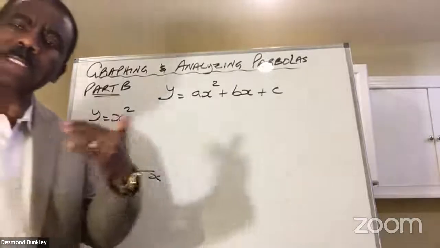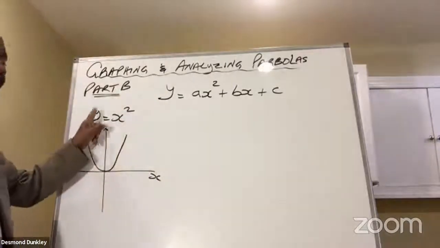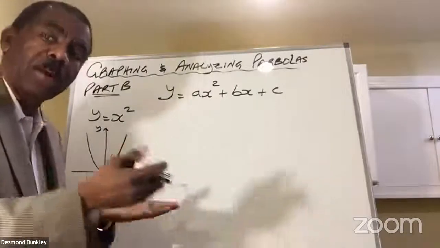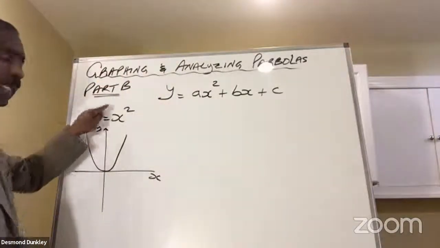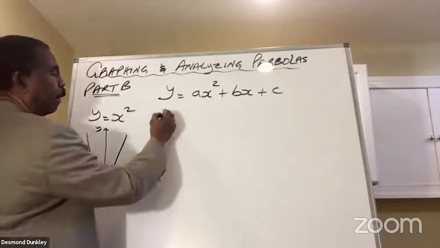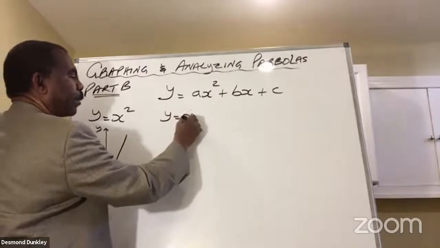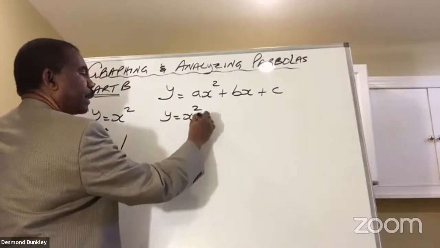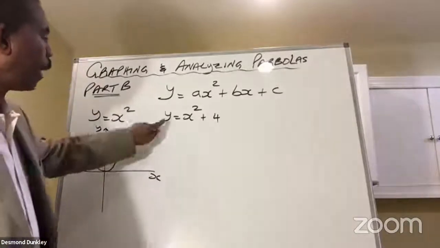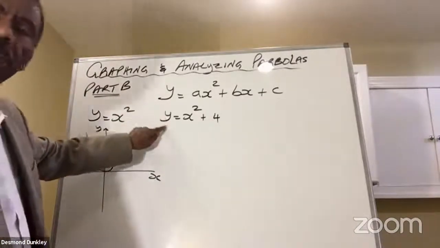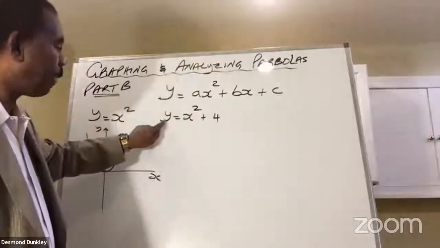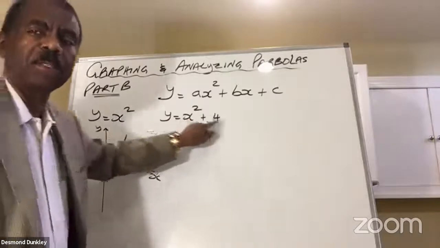And then part of our discussion, we looked at what happens to the graph, how it shifts, whether to the left or to the right, whether up or down, based on how the equation is modified. For example, if we had y equal to x squared plus 4, we discovered that every y value would go up by 4 units. Whatever the y value was before, just add 4 to it.